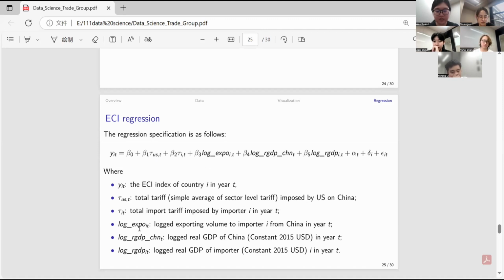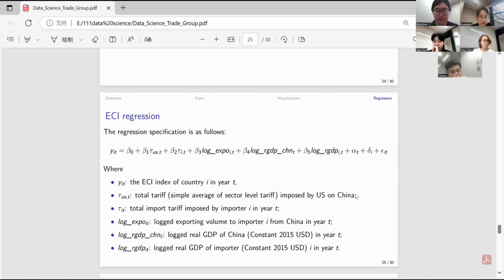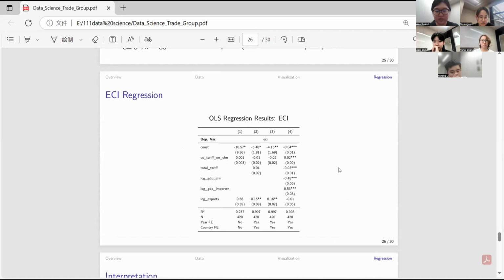And we have the logged exporting volume and the GDP. In the results, we have more fixed effects here, and also more variables in the second and third columns and in the final column. This is the full specification regression.